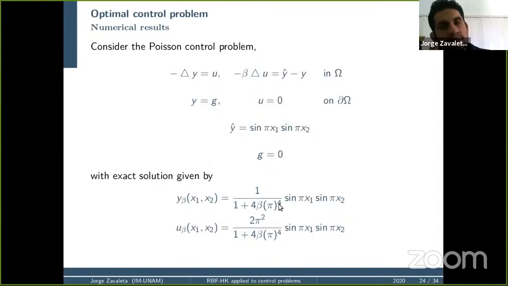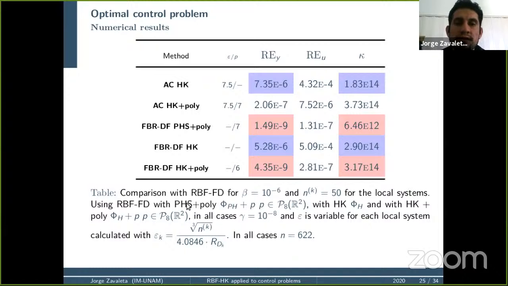Well, one of the problems we're going to show here is the Poisson control problem. Here we have Dirichlet boundary conditions, but this is going to give us some insight because we have an exact solution. Here are some of the results.